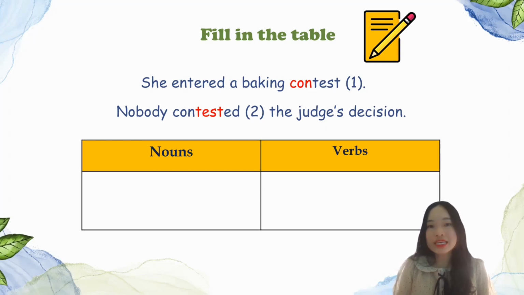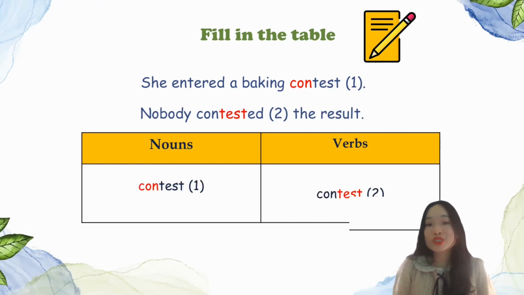You have 5 seconds to think about it. Time's up. Have you got the answer yet? It's quite simple, right? Let me show you. So in the first sentence, contest is a noun, whereas in the second one, contest is a verb.